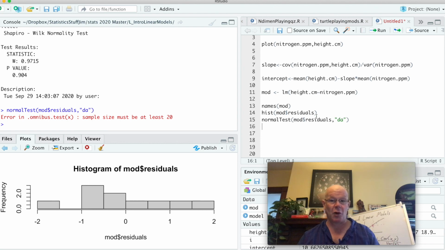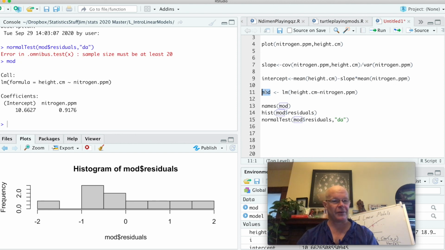Maybe I don't know what a centimeter is. So I would get very confused if I were to look at a slope of 0.9176 if I had no idea what a centimeter was, or what parts per million meant, because it's dependent upon those.